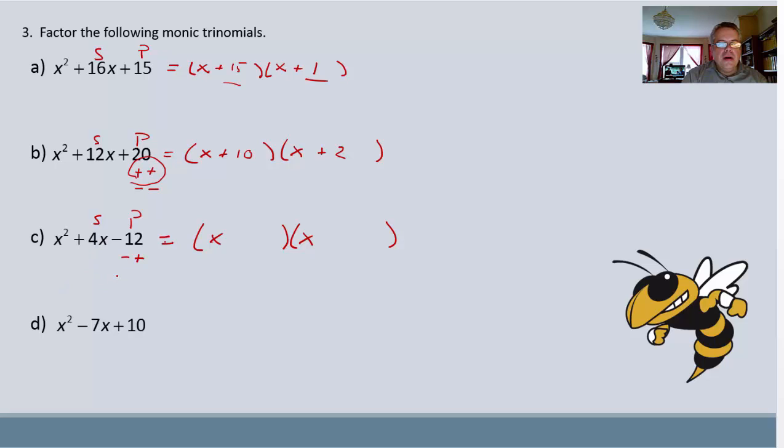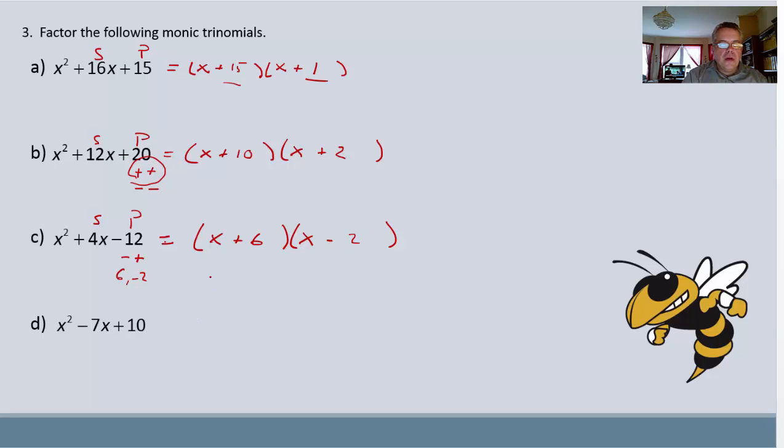Actually, if we try 6 and negative 2, I think that works. 6 times negative 2 is negative 12. 6 plus negative 2 is 4. So if we're factoring by trial and error, we have to be patient. It takes a little while to try the possibilities and come up with the right one. So you just have to expect to try a few things. So it ends up being x plus 6 and x minus 2.